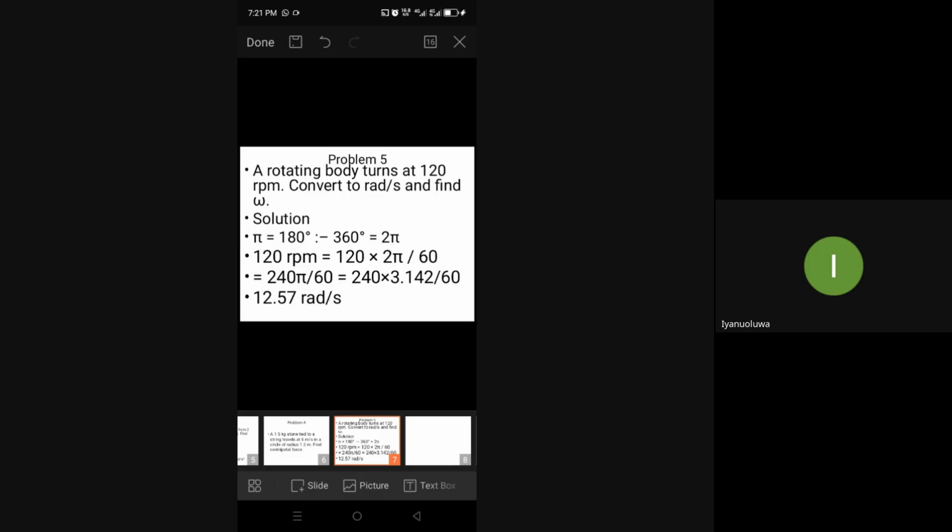First of all, convert to radians per second. Let me even see. Convert 50 rpm.